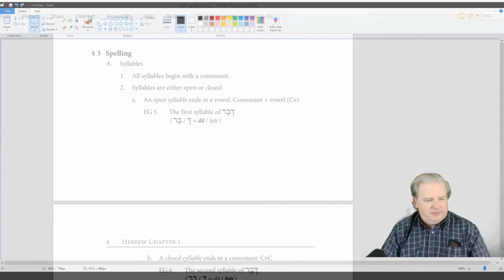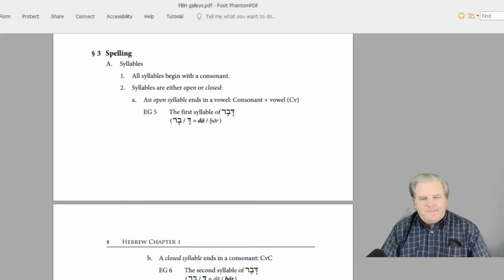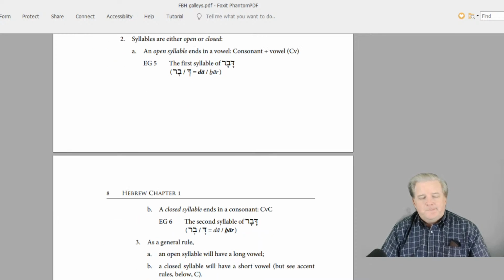Back to the book. Syllables are either open or closed. That's rule number 2. Rule number 2 has 2 sub-rules. Sub-rule 1, A. An open syllable ends in a vowel. So let's take, for example, the word for "word," and that is davar.